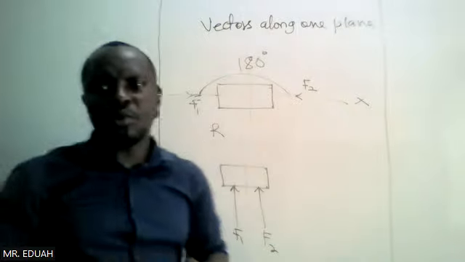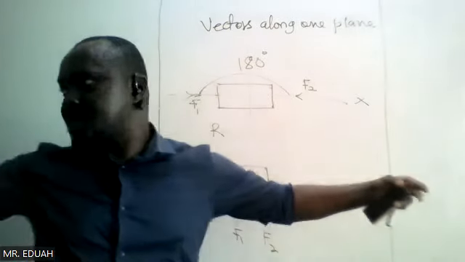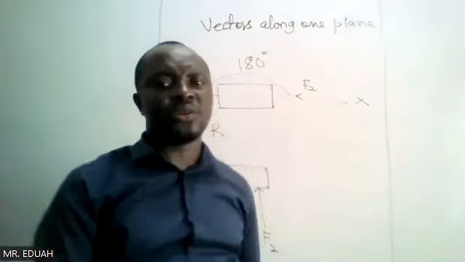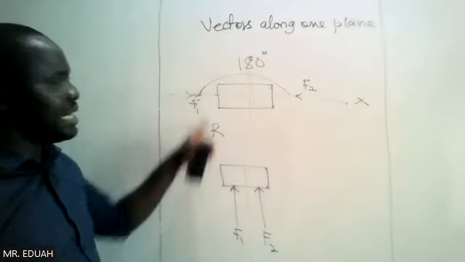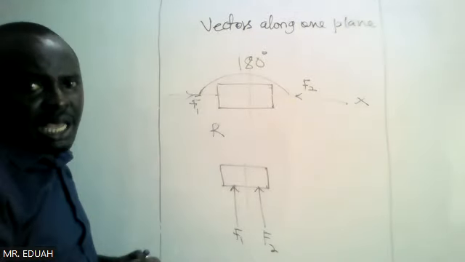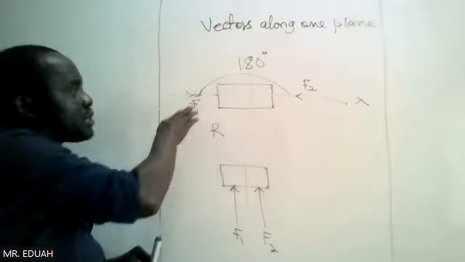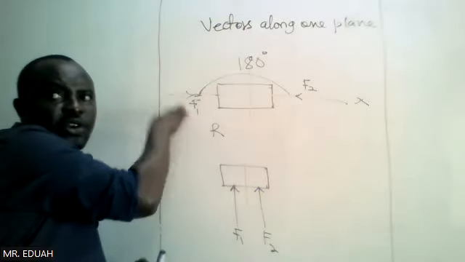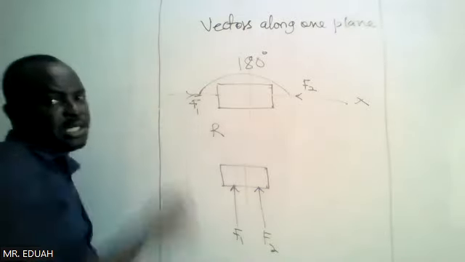So when two or more vector quantities are acting oppositely to one another, the angle between them is 180 degrees. How then do we obtain the resultant, or the effect, of these two forces?